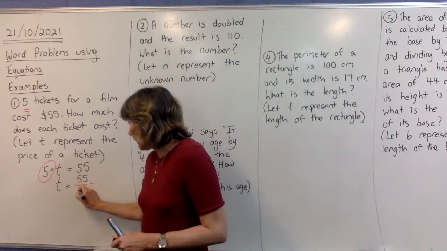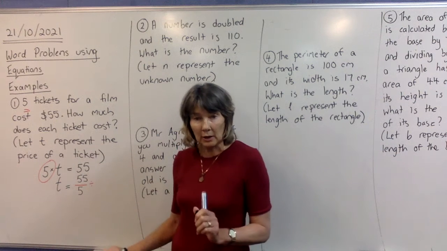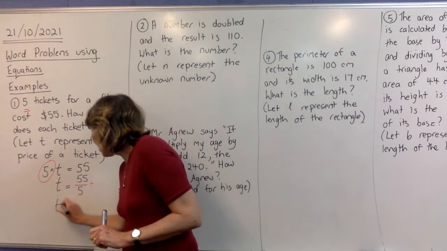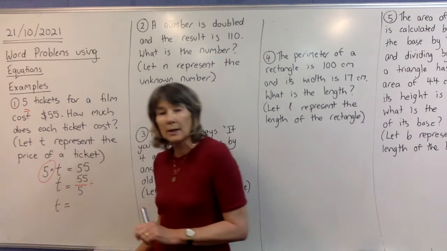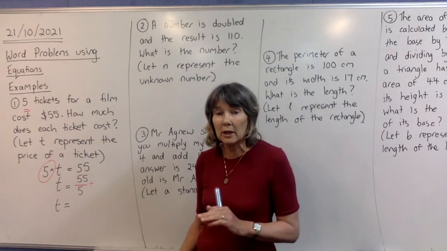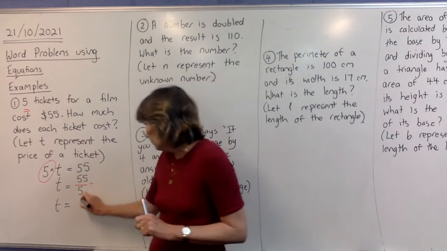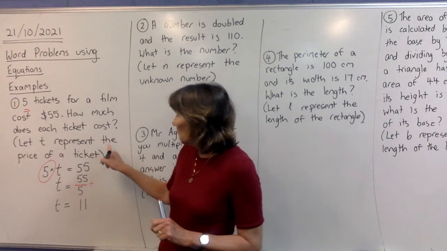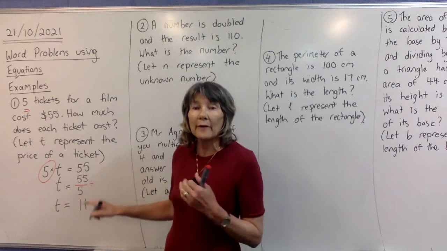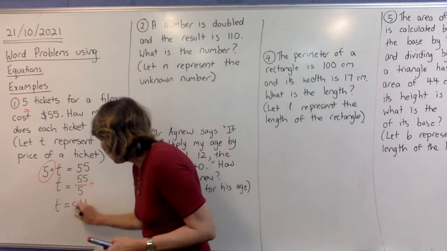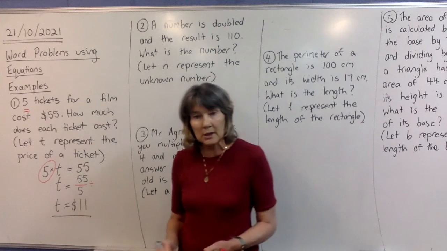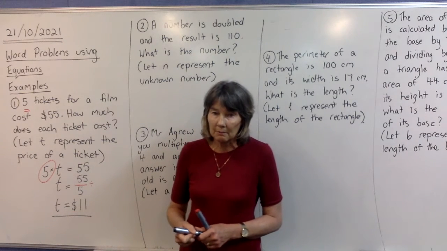Now we go to the calculator fraction key and put that in the calculator and keep our T over here. So we have T equals, and if you put that in your calculator, you're going to get 11. Now, because it's the price of a ticket, we have to put the dollars in front. So the price of one ticket is $11.